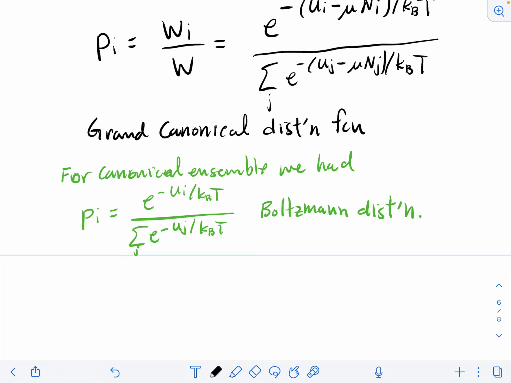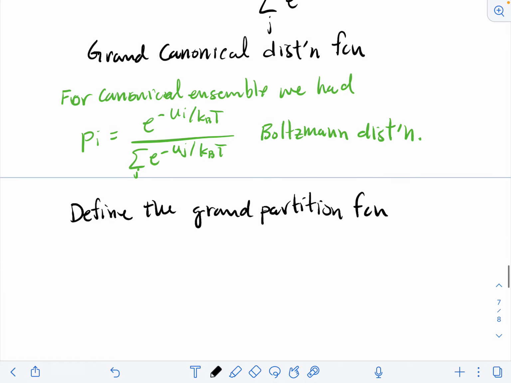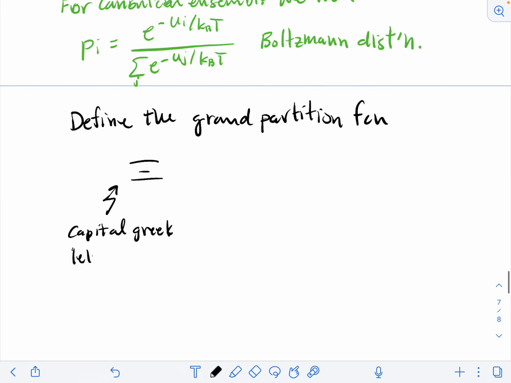So what we can do is we can define the grand partition function. And the grand partition function has a funny symbol. It's a capital Greek letter xi, and I think it's properly pronounced as chi.